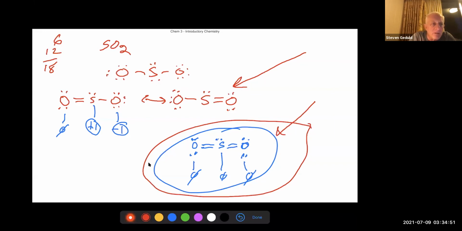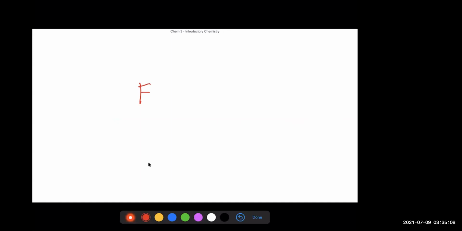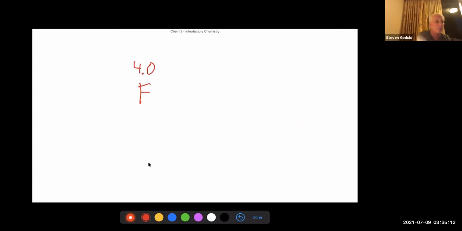Oh, fluorine. We have another. Fluorine is the most electronegative element. In a bond between fluorine and any other element, fluorine has a partial negative charge. Yes, because fluorine is going to be the most electronegative. Fluorine is 4, and nothing else has an electronegativity of 4.